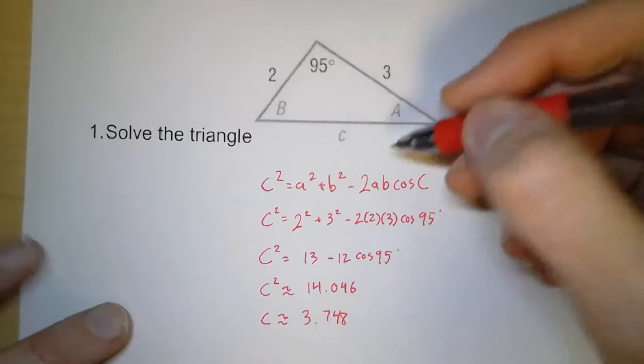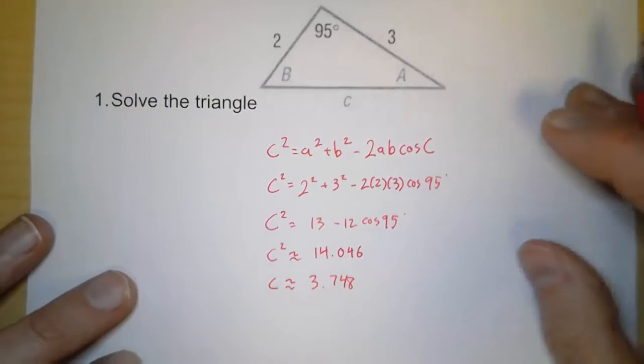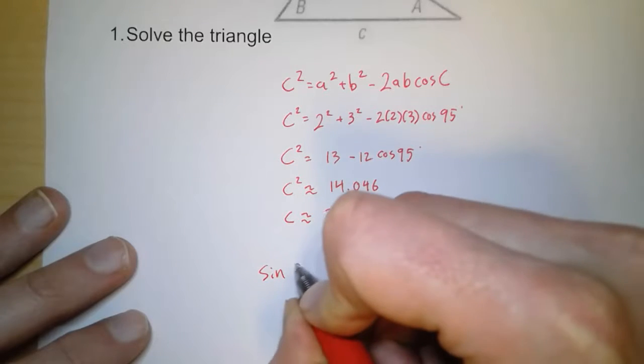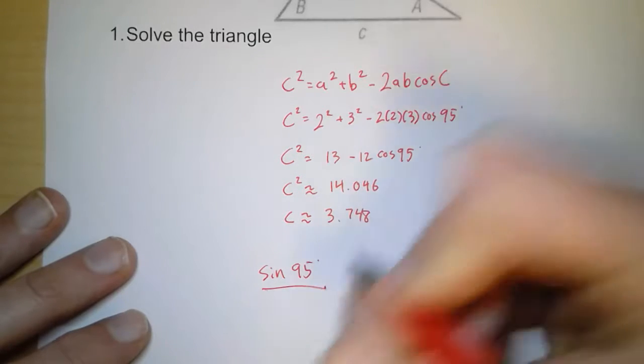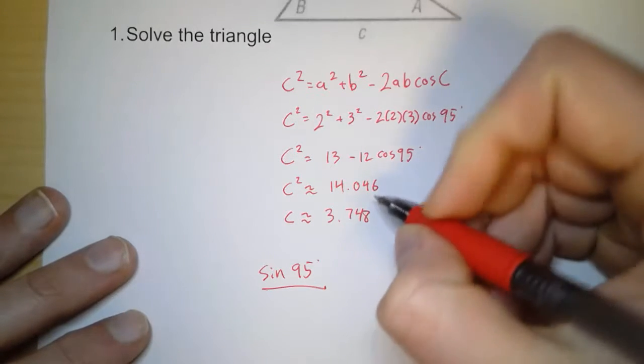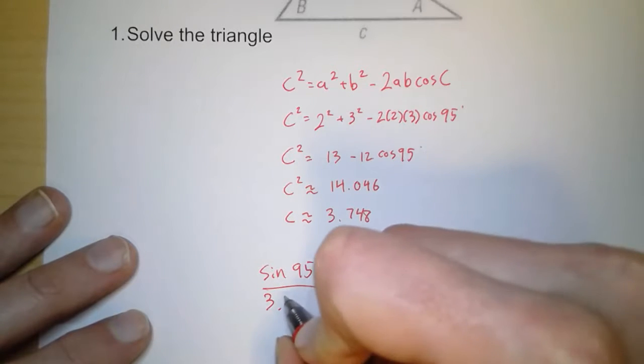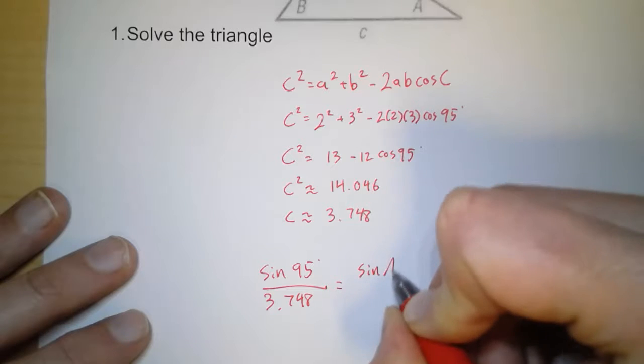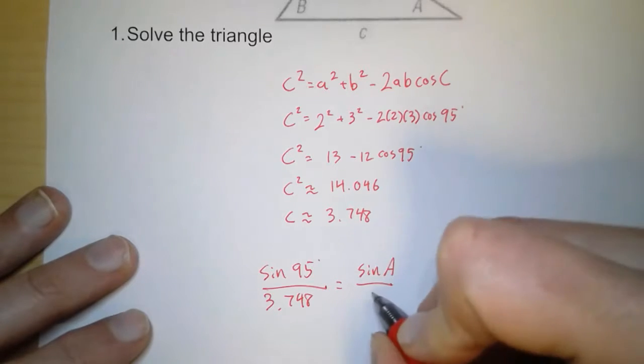Because now we have a side-angle pair, so law of sines kicks in again. So now we can say sine of 95 degrees over the side that corresponds with it, which is what we just found, 3.748. And that's going to equal sine of A over 2.